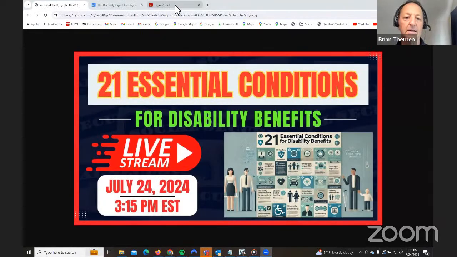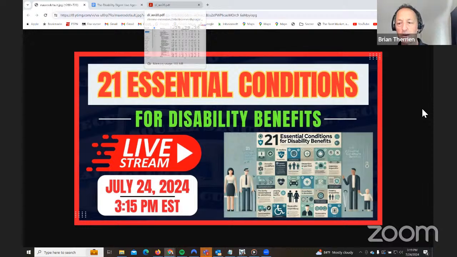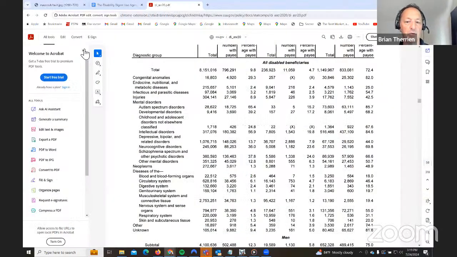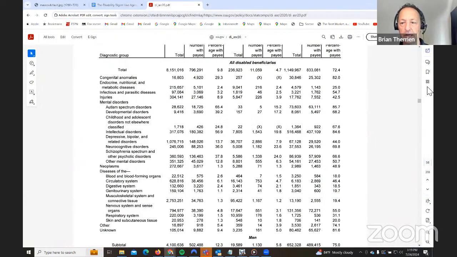And I'm going to bring up a list. What I did to generate this list is this is an annual report from Social Security that breaks down disability approval by condition. If you're seeing the screen right now, it's pretty complicated. I'm going to show you a simplified version of it.